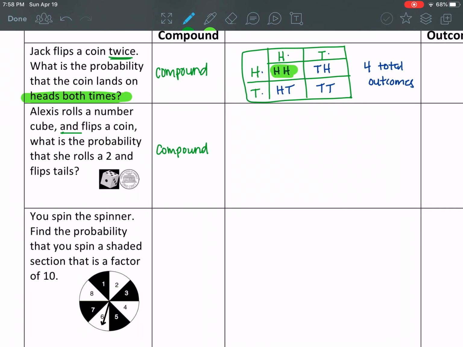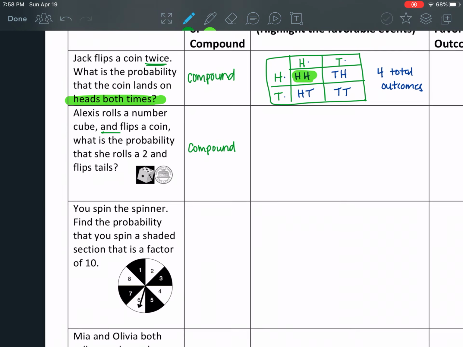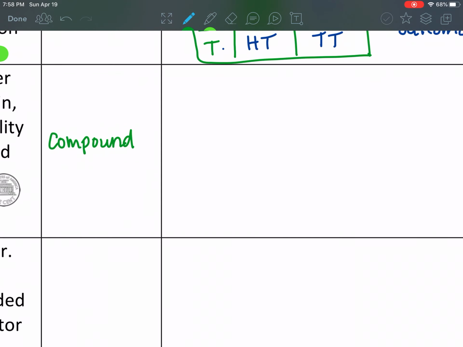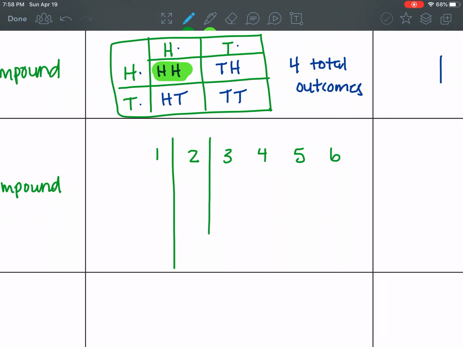So the first thing we're doing is rolling a number cube. So on our number cube, our total or our possible outcomes, we could roll a 1, we could roll a 2, a 3, a 4, a 5, or a 6. So that is our first event that is happening.